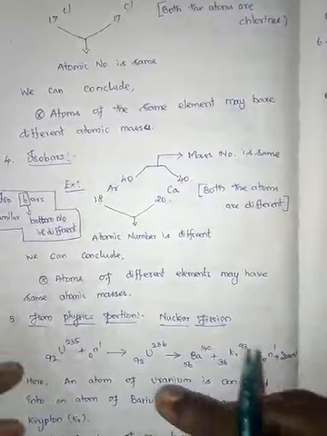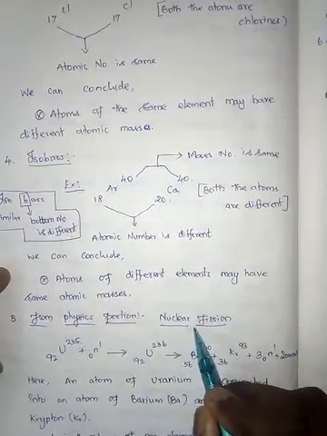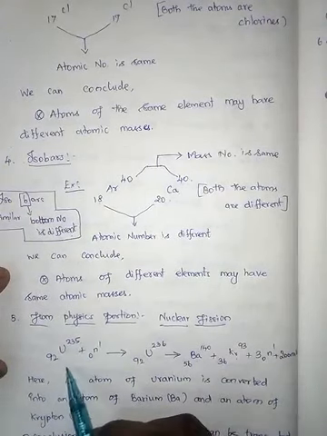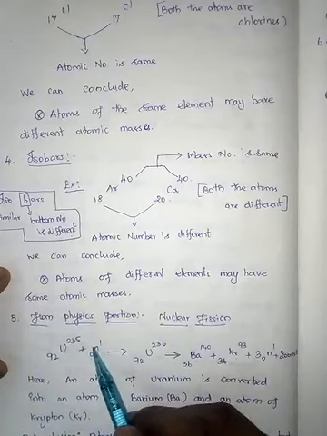I have taken an equation from your physics portion. The topic is nuclear fission. 92 uranium 235, a radioactive isotope of uranium, is bombarded with slow moving neutrons.